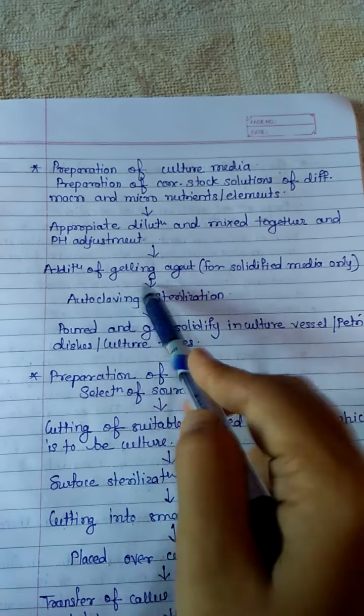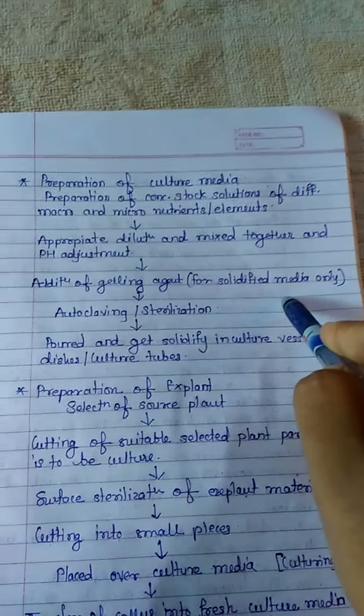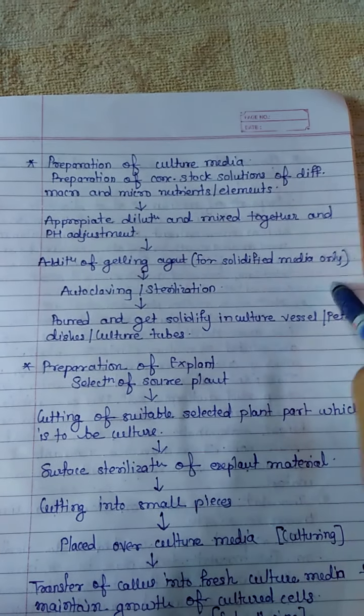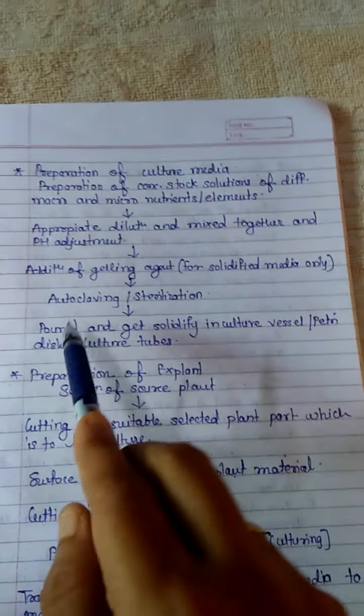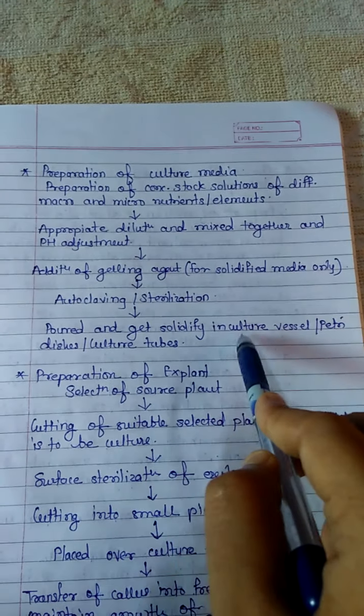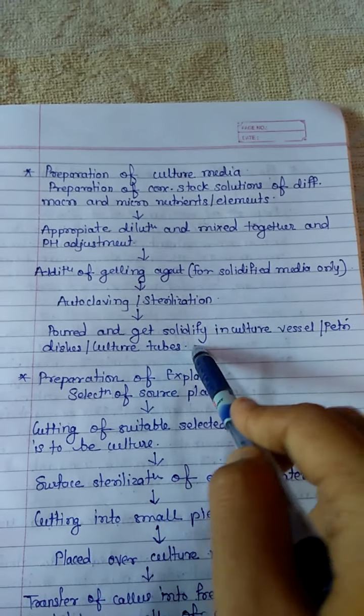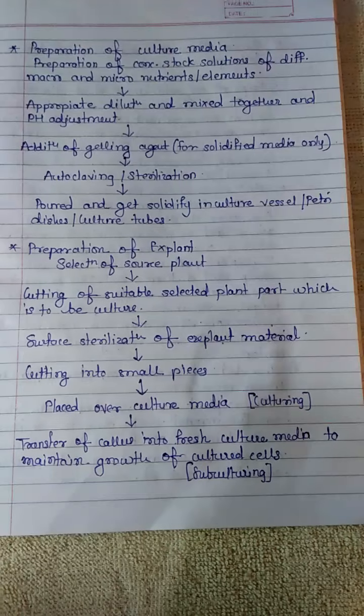Next is autoclaving or sterilization, to kill the microorganisms and eliminate contamination. Next, pour this gel into the culture vessel or petri dishes. After pouring, it will get solidified.